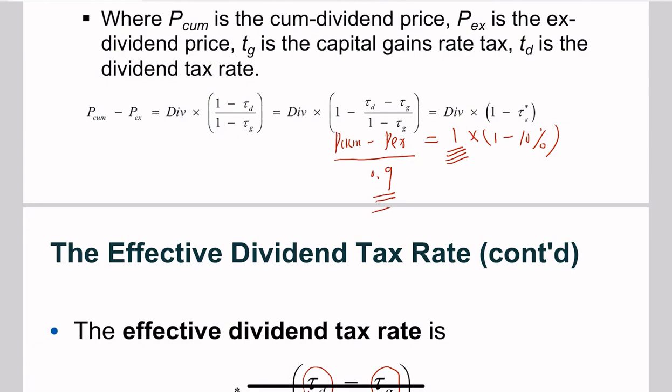Again, the reason is because the tax rate on dividend is higher. So even though you're receiving a higher amount of cash from dividend because you have $1, from this after-tax perspective, $1 of dividend is essentially the same as $0.9 of capital gains.